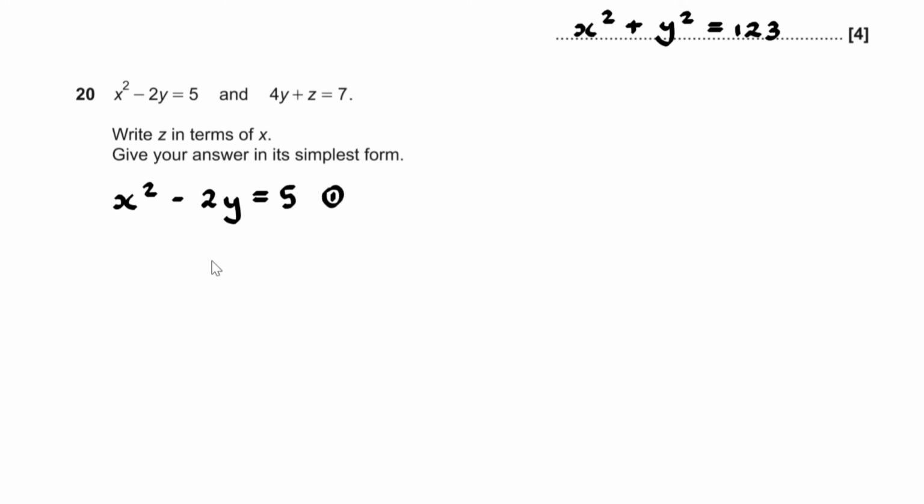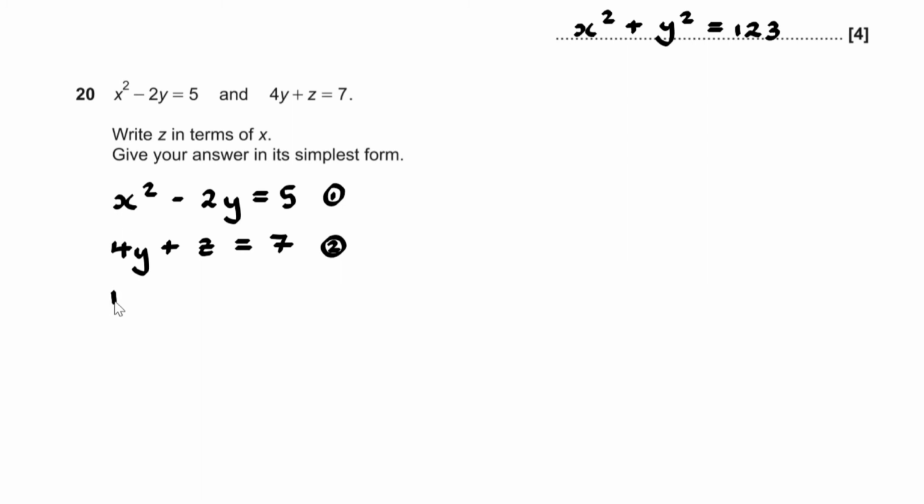We'll call this equation 1. And then we've got 4y plus z equaling 7, which we'll call equation 2.